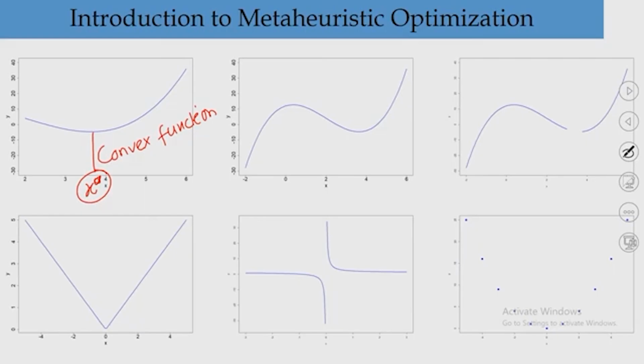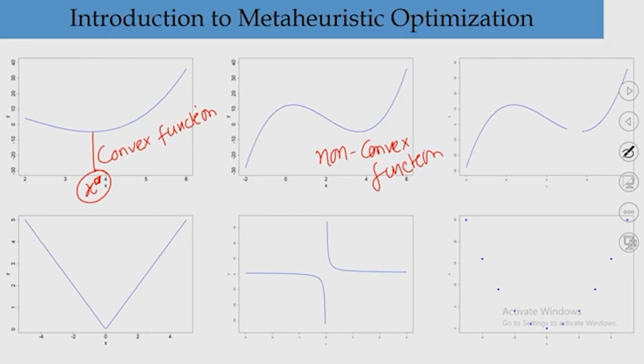Now, this is a non-convex function, is it not? In this case also I can apply the classical optimization technique, because the function is differentiable and continuous.